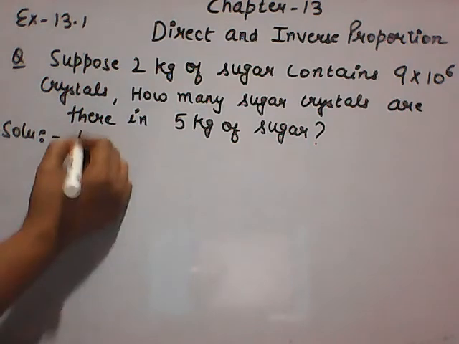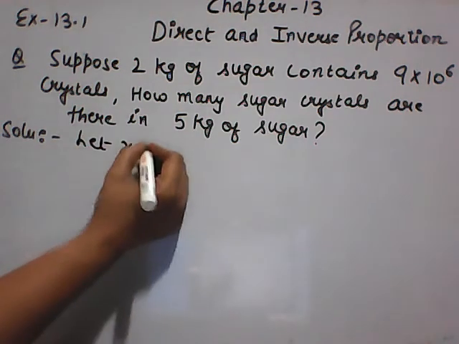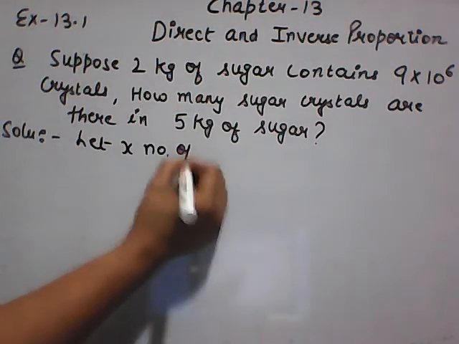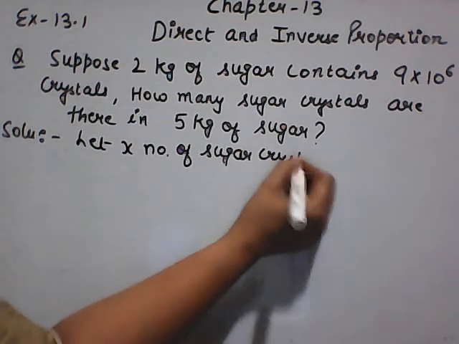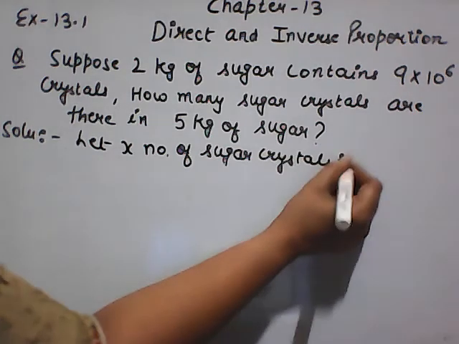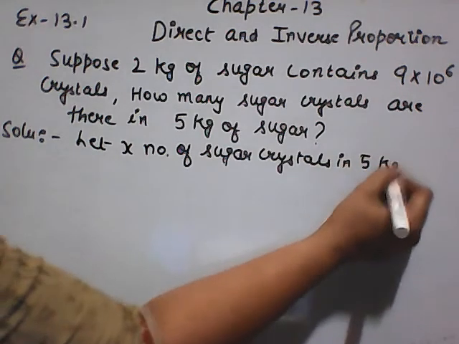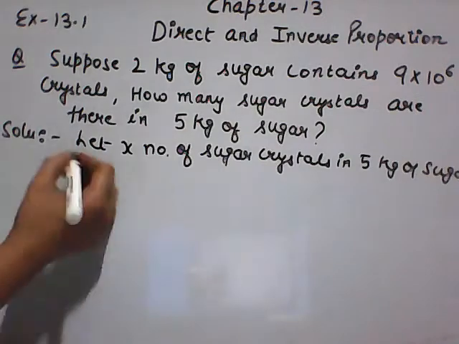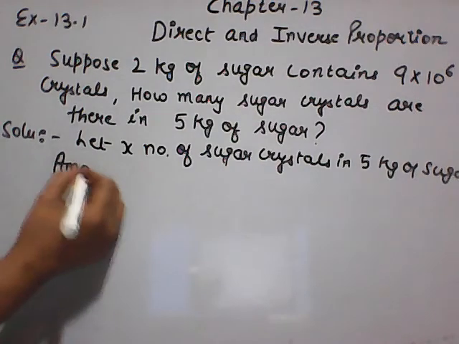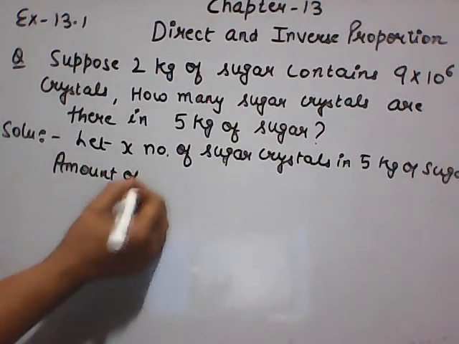Let x be the number of sugar crystals in 5 kg of sugar. Here, the amount of sugar and the number of crystals.